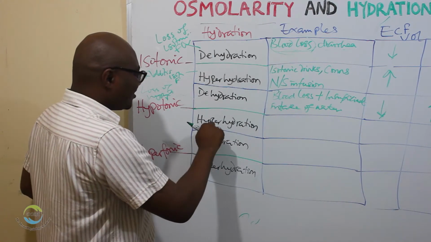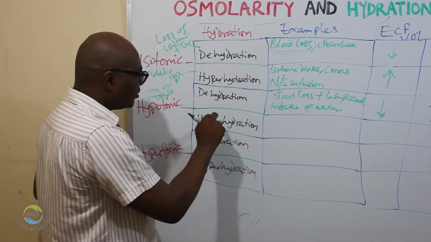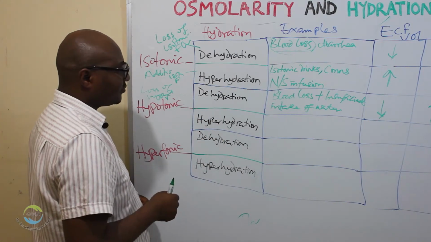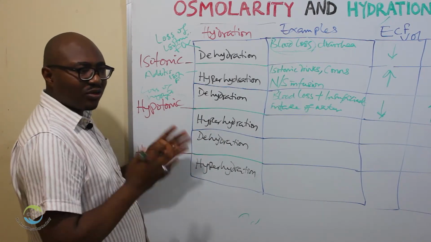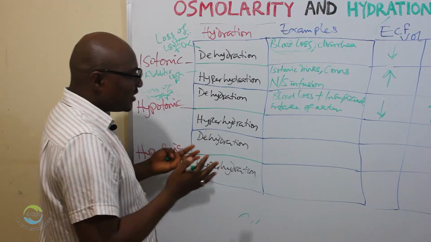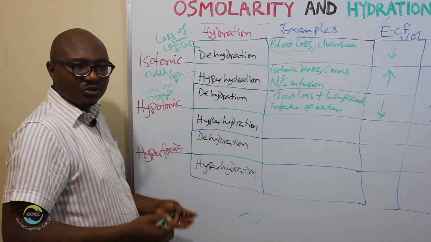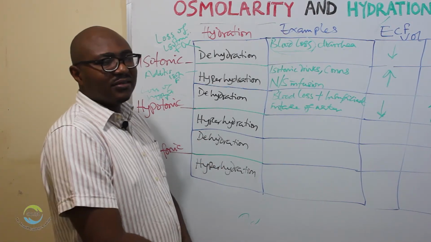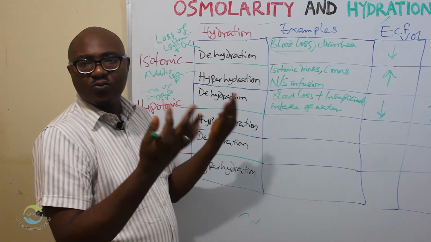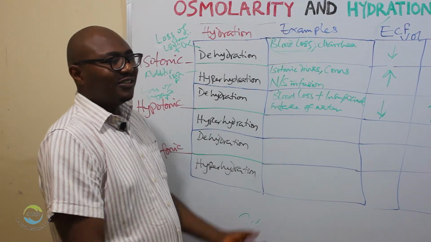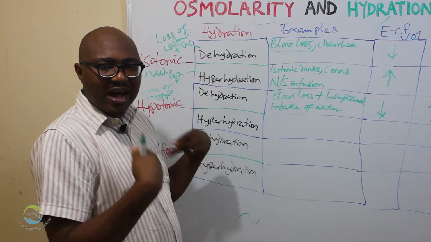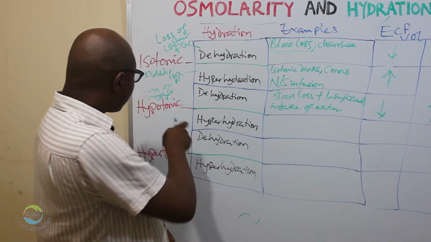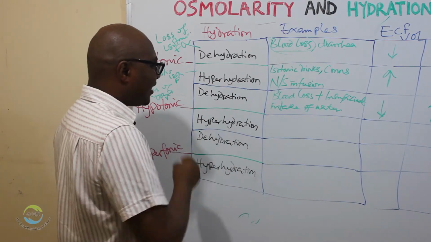Then in this one, you are adding hypotonic fluid. So hypotonic fluid could just be water. You just sit down like this and you just start drinking a lot of water, or you are drinking a lot of alcohol. It will cause hypotonic hyperhydration.